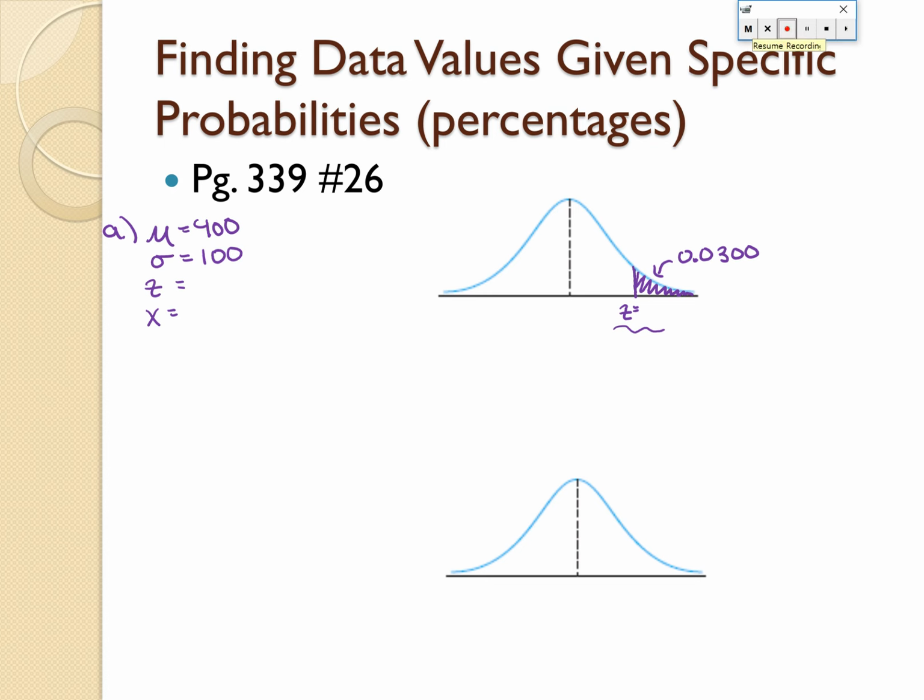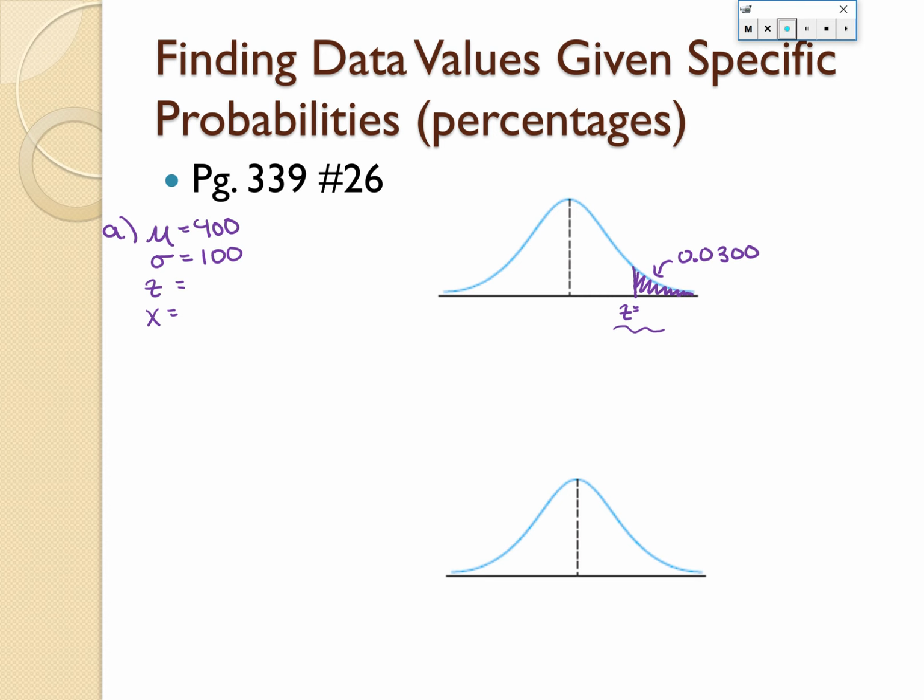Now, I know some of us are hunting through our table right now, looking for 0.0300. Does our table give us the area, though, to the right of the z-value? No, it doesn't. Will the calculator accept the area to the right of the z-value and give us what we want?